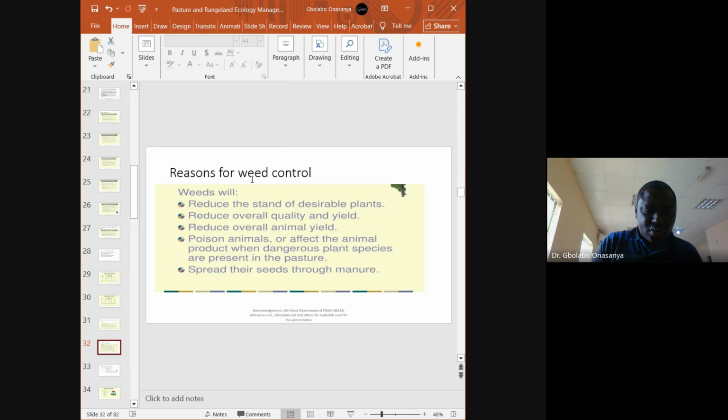It reduces the quality of the forage. And if you don't practice efficient weed control, the unwanted plants can overtake your pasture land, can overtake your rangeland. At the end of the day, you will not have desirable pasturage to feed the animals.